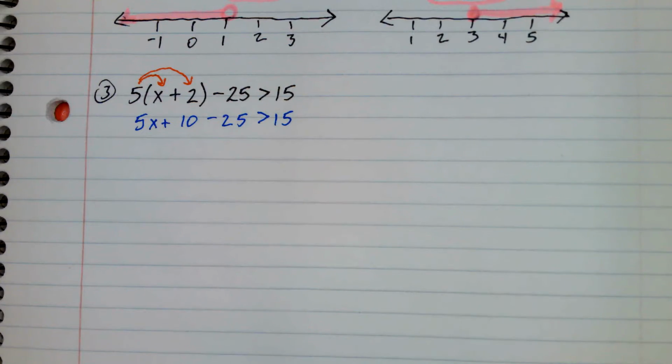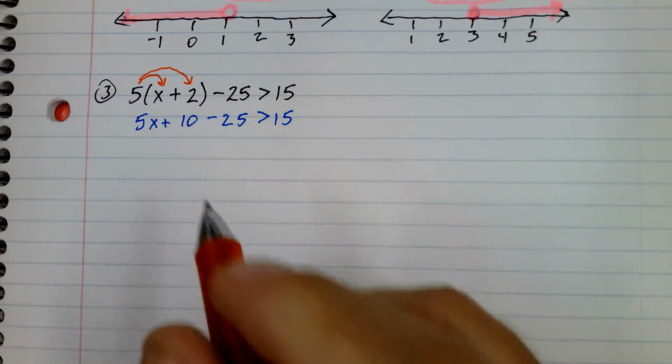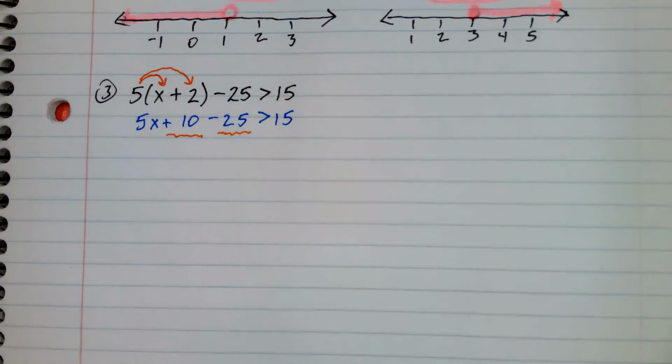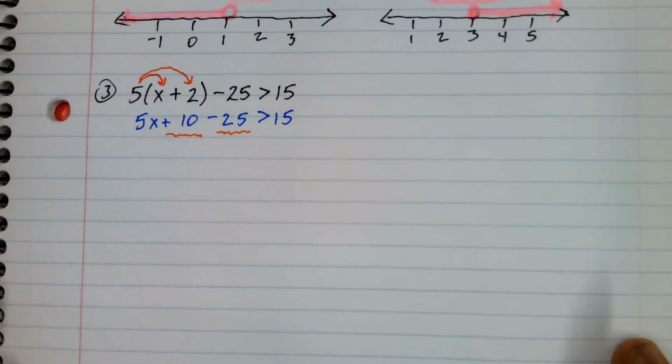Okay, combine the like terms. And I do have some like terms I can combine, right? I got positive 10 and negative 25. What does that give me? Tell me in the chat, after I simplify this, what does my inequality look like?